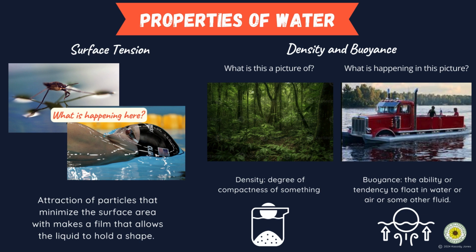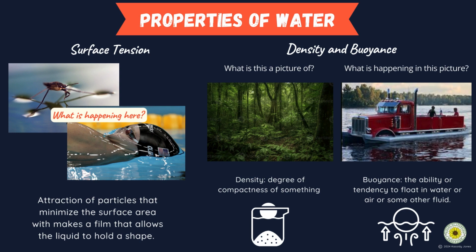Then you also have density and buoyancy. Density, as you can see in that picture of a really dense forest, is the degree of compactness of something. We'll discover the density of water and how different it is when we are doing our water lab.